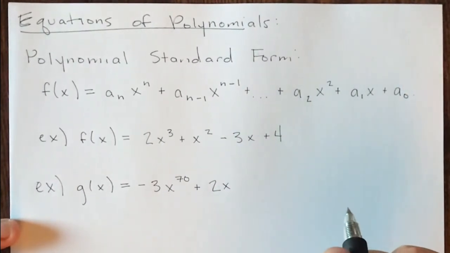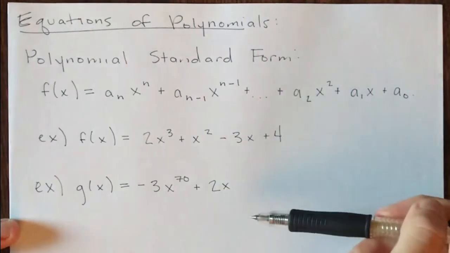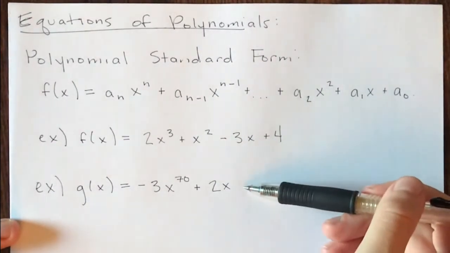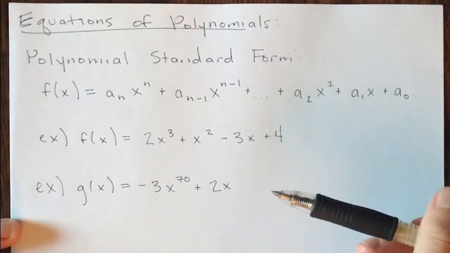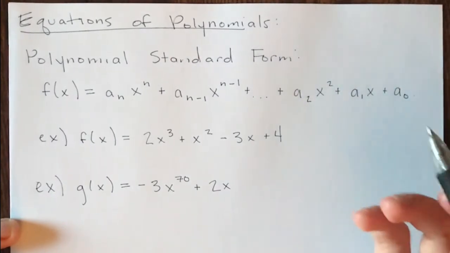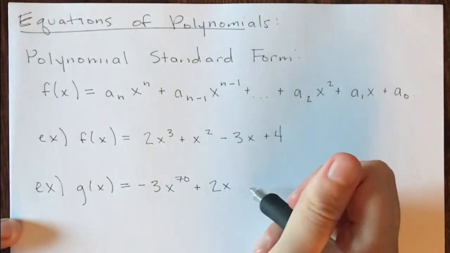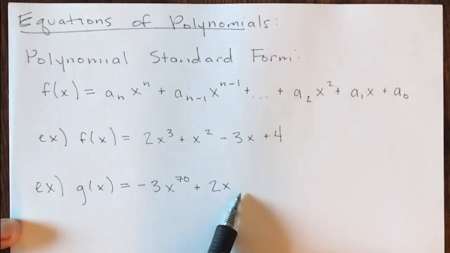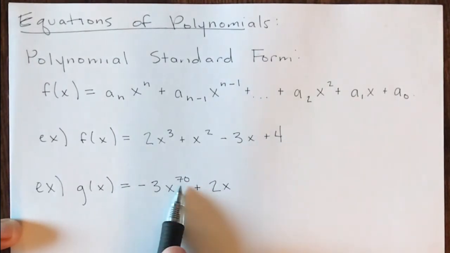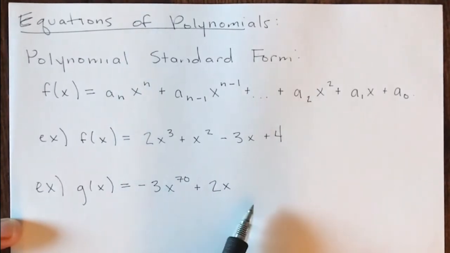That's totally fine. We're missing all of the terms between 1 and 70, right? Also missing a sub 0, right? We're missing our x to the 0 term. That's totally fine. Sometimes that happens. It's still in standard form, as long as they're written with decreasing order, right? So 70 is larger than 1, clearly, so 70 comes first, then it's in standard form.